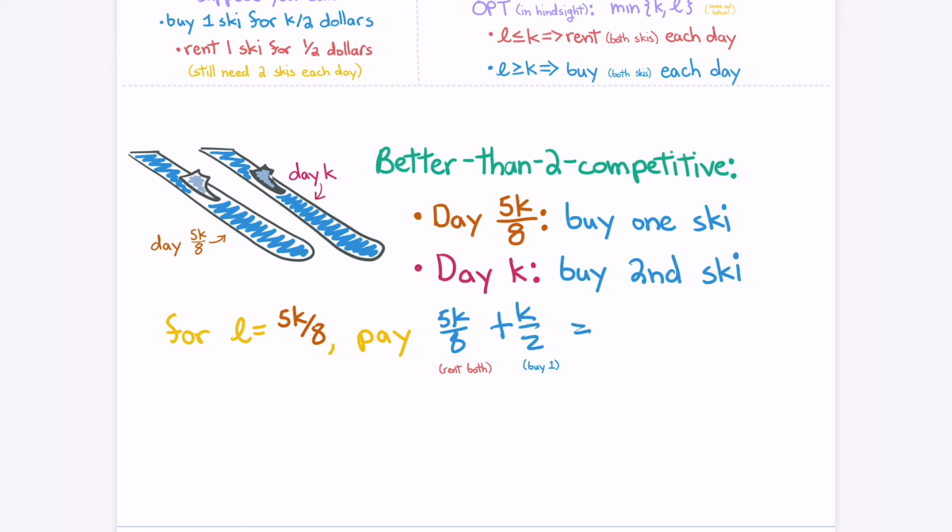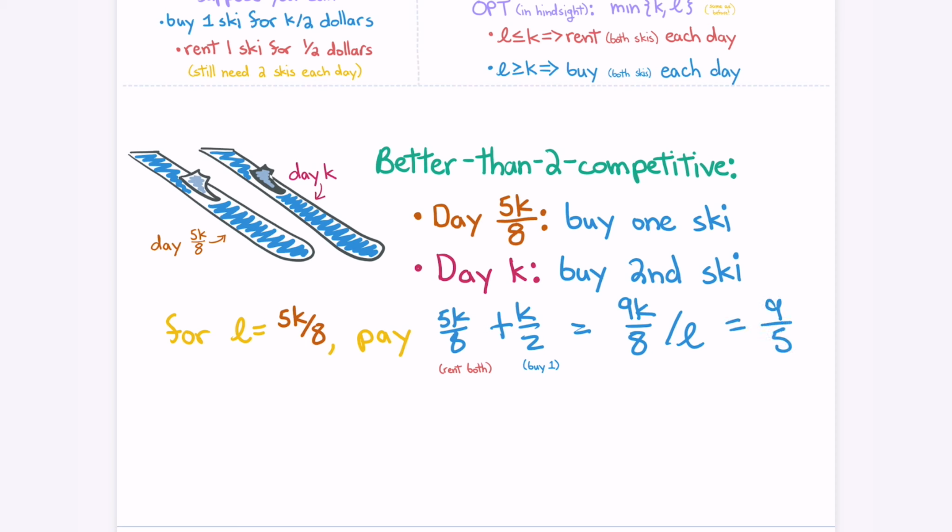Okay, and that is equal to 9K over 8. I'm only mildly sure when I'm presenting if I do this arithmetic correctly, so don't just say sure. 9K over 8, which divided by L will get you something like 9/5.